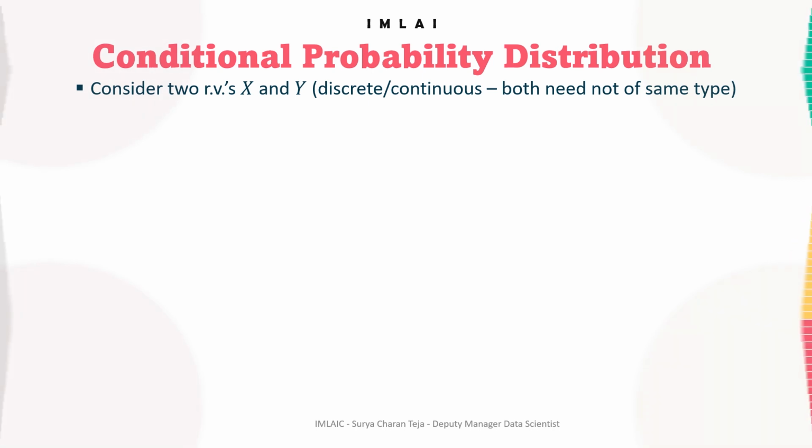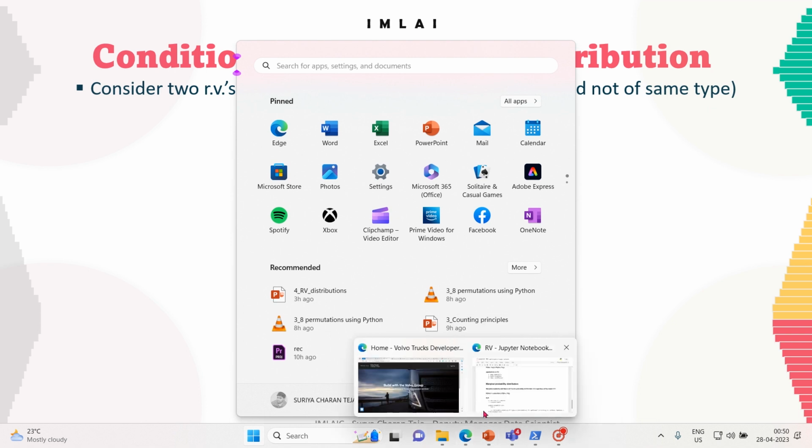In the context of computer vision and NLP, natural language processing, it is used to compute the probability of a particular feature or a word occurring given the occurrence of some other feature or some other word. The word is for NLP, the feature is for computer vision. Let's take one example before we see the theoretical aspect of it.